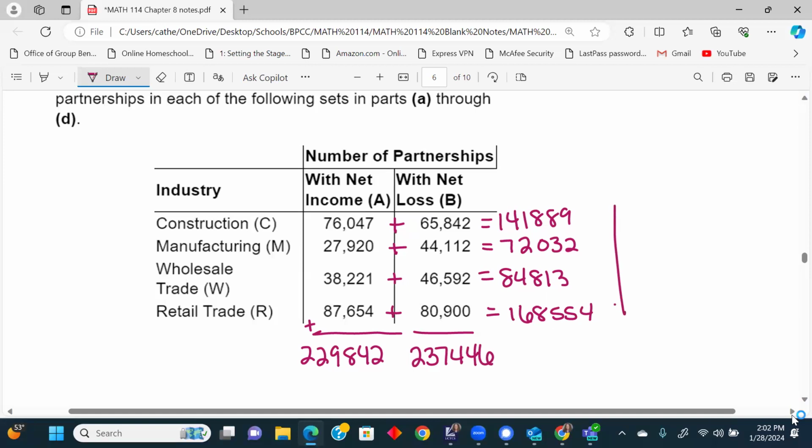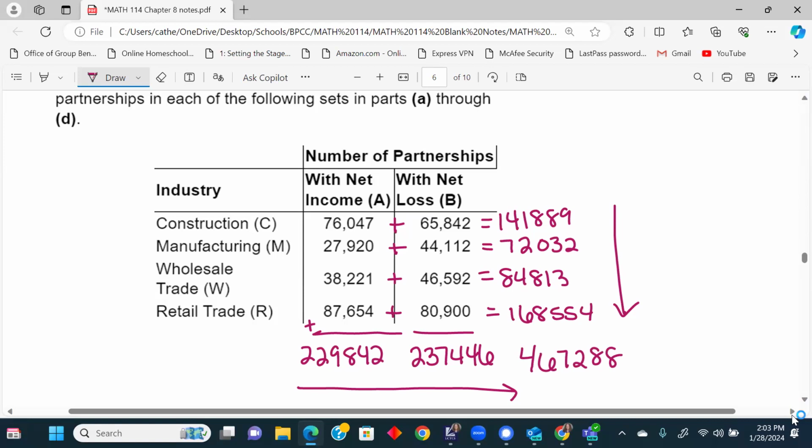So this column on the right, I'm going to add this down, and then I'm going to add this across. We should get the same numbers. I added down 4, 6, 7, 2, 8, 8. Now I'm going to add these two on the bottom, the 229 and the 237, together. They should come up to the same number.